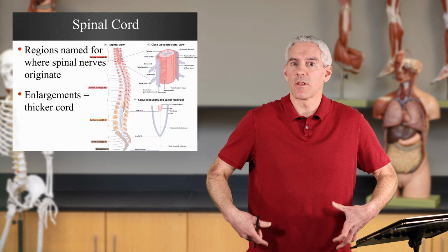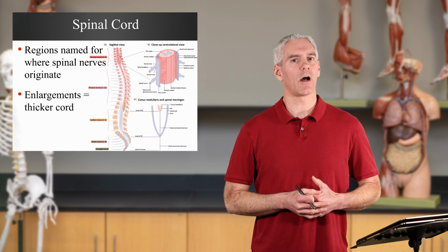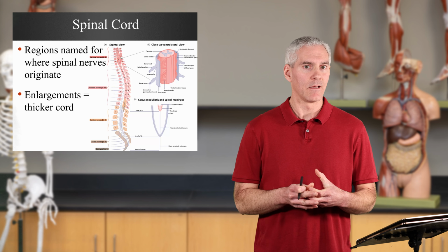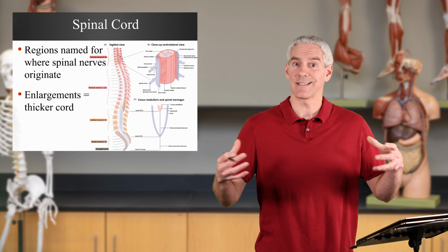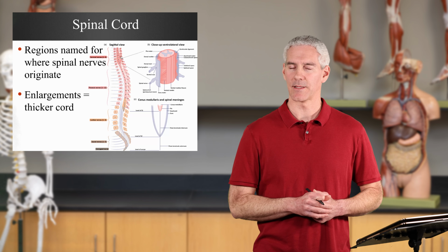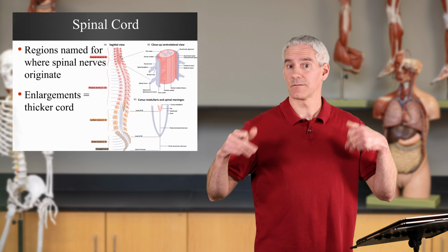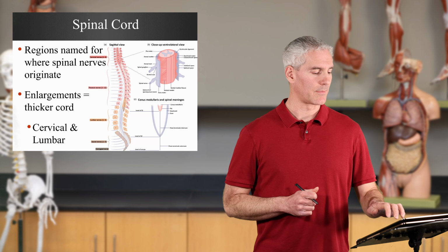Lumbar, everything from the legs is coming up into the lumbar. So you have a larger amount of nerves coming in. So you need physically a little larger space in the actual spinal cord to get everything in and situated. So cervical and lumbar enlargements coming from the arms and legs. So cervical and lumbar.